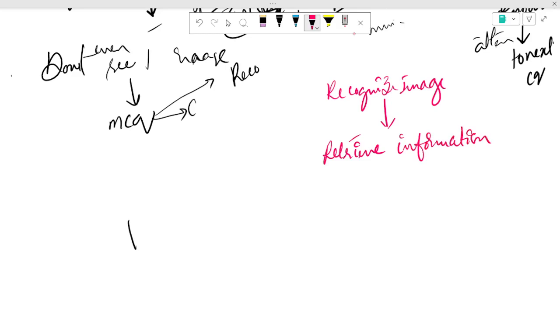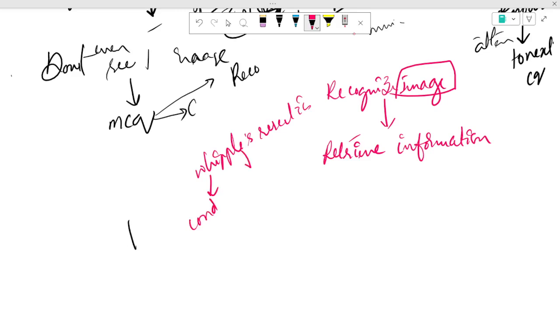For example, the image was given about Whipple's resection. Now what you will try to retrieve in the mind: for what condition you will do Whipple's resection, what structures are removed in Whipple's resection, what are the complications of Whipple's resection, and finally what is the diagram which you have seen previously regarding Whipple's resection.